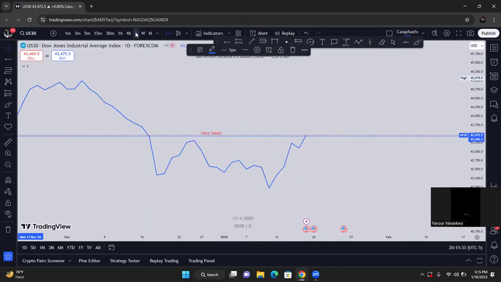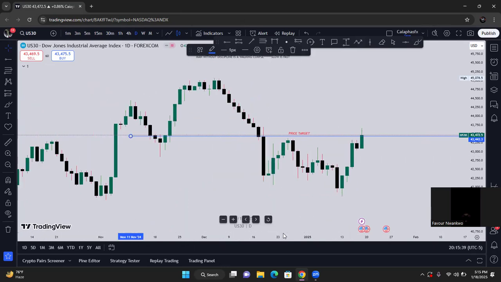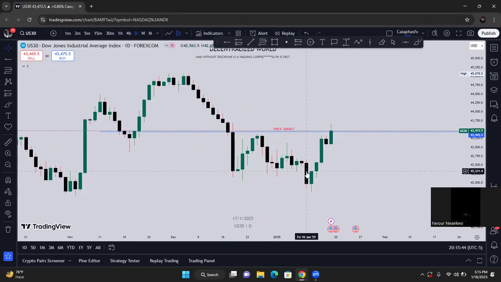Then I go down to a daily time frame. Since I know my price target, everything that I'm looking for is a buy setup. If I come today, I look for a buy setup. Next day, buy setup, everything buy setup.